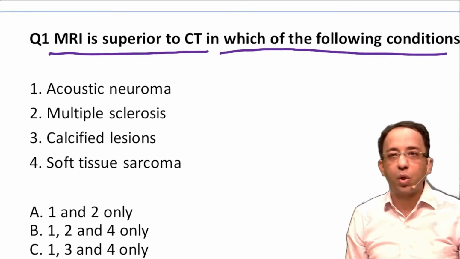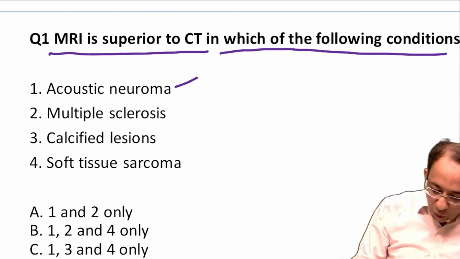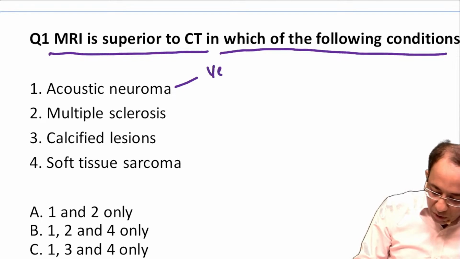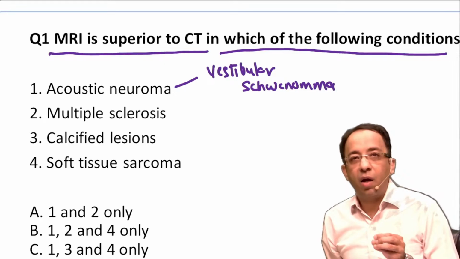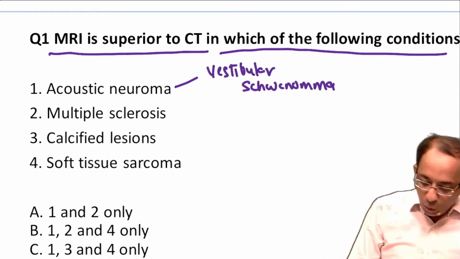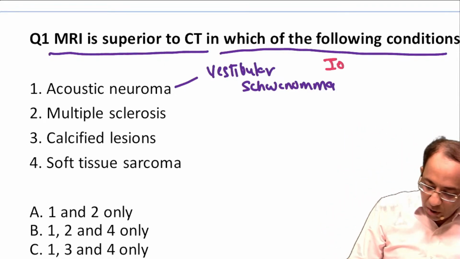Acoustic neuroma. What is acoustic neuroma? Acoustic neuroma is a brain tumor which is arising from the vestibular division of the 8th nerve, and it is a schwannoma. For any nerve or brain tumor, usually the investigation of choice is a contrast MRI.